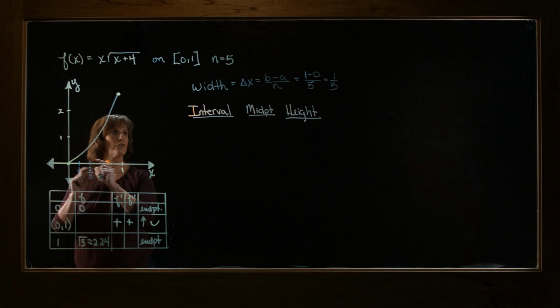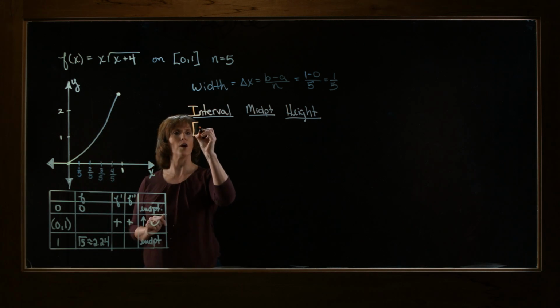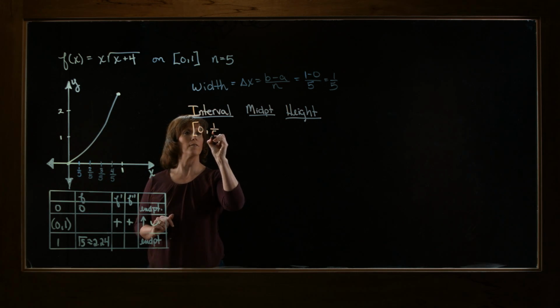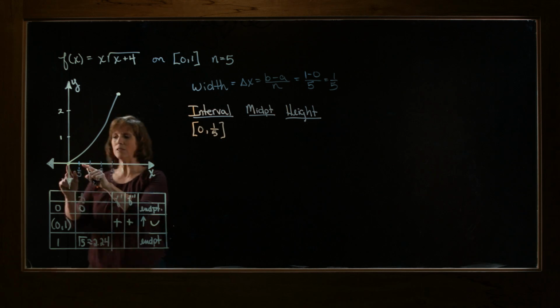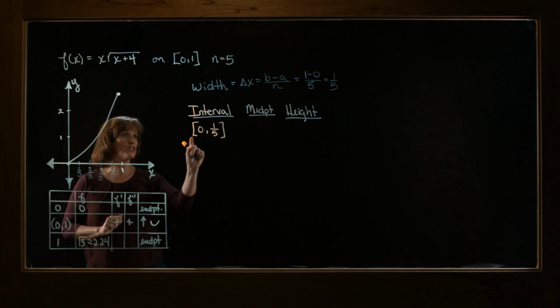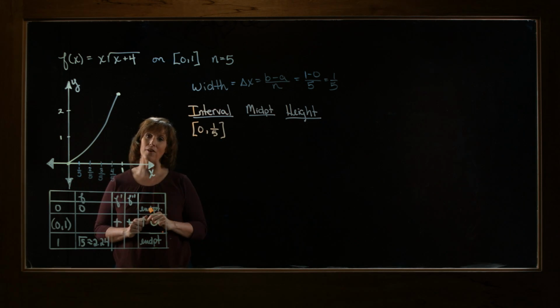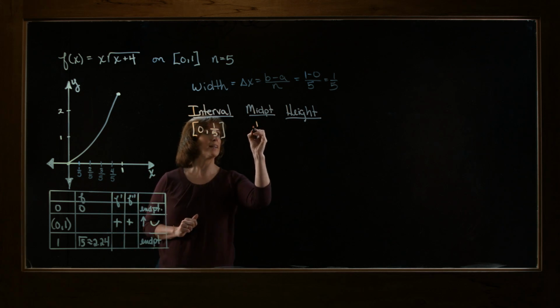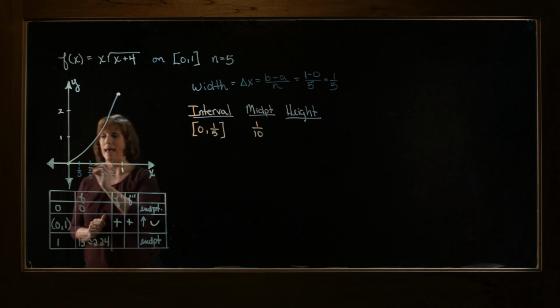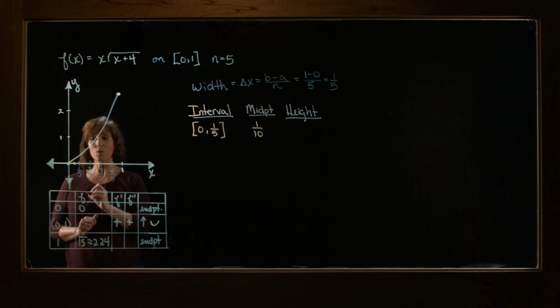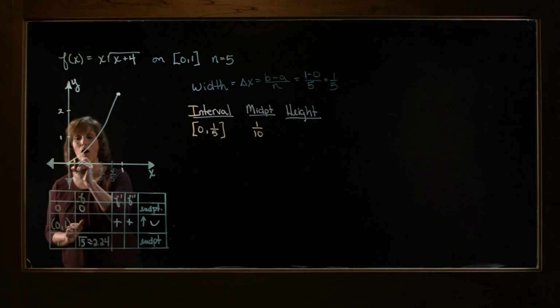So I'm going to look at my first interval. My first interval goes from 0 to 1/5. I'd like to find the midpoint of that interval. So I'm going to add these 2 points together and divide by 2. That gives me a midpoint of 1/10. That's going to determine how tall I should make my rectangle.